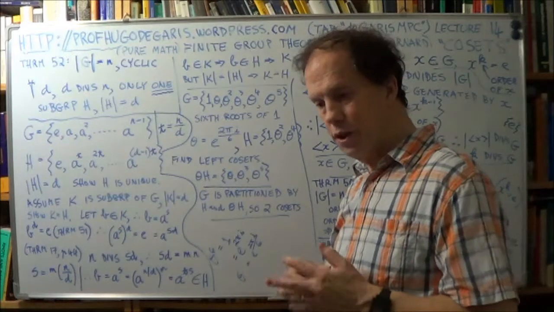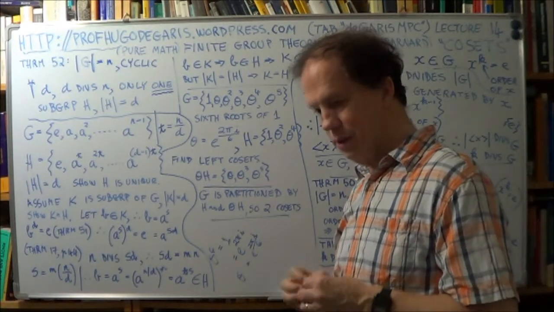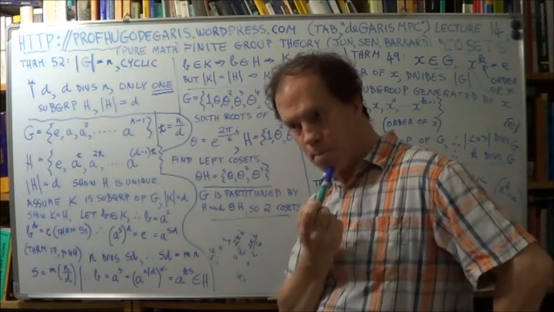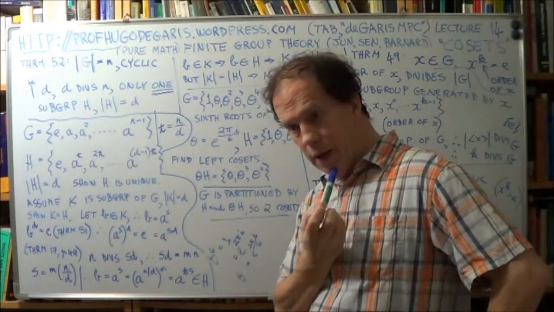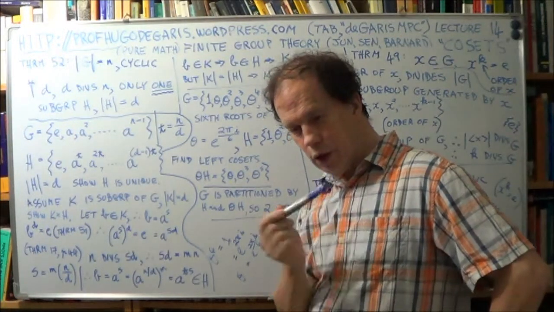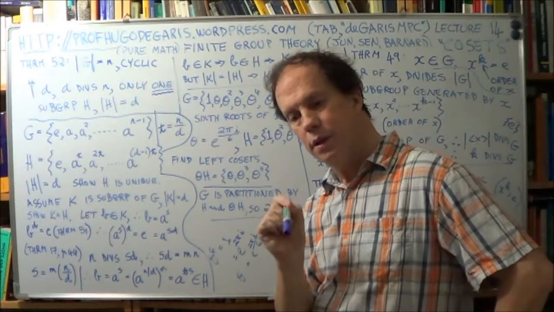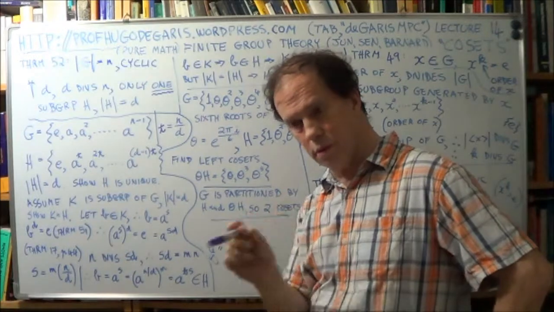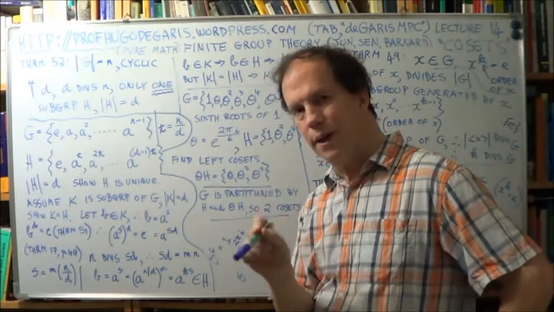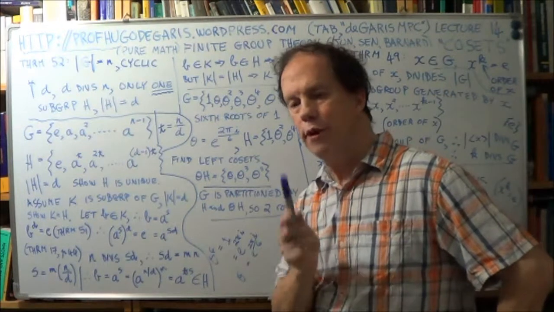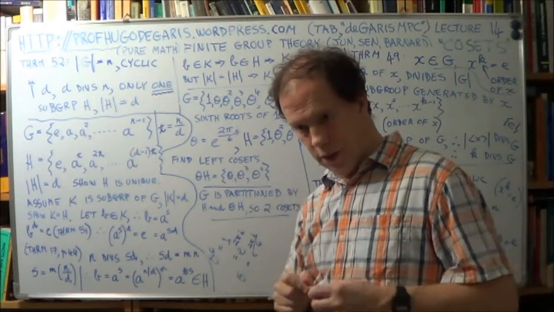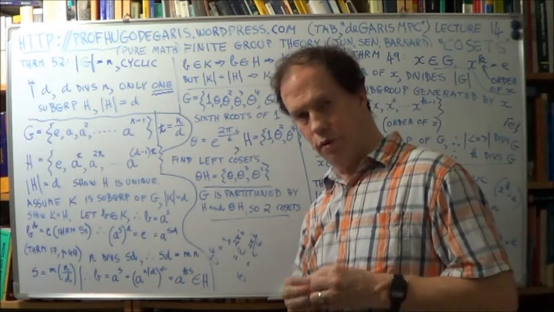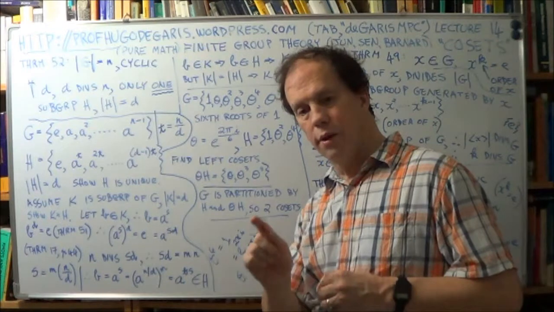Let me, before I finish off, say a little bit about the next lecture. Now that we have Lagrange's theorem, and we know that the order of an element divides the order of the group, we have some very powerful tools to start investigating the different types of group you can have of a given order.